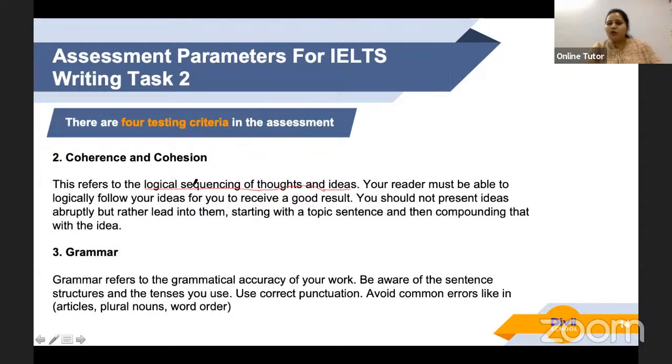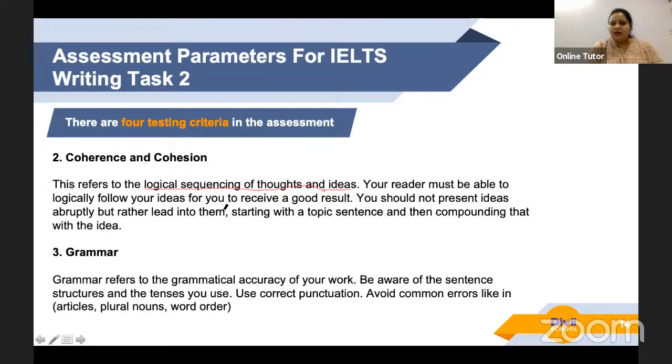There has to be a correlation between your thoughts and ideas. So you have to logically sequence your thoughts and present them in the way that the reader can understand what you are trying to say and your essay becomes persuasive.